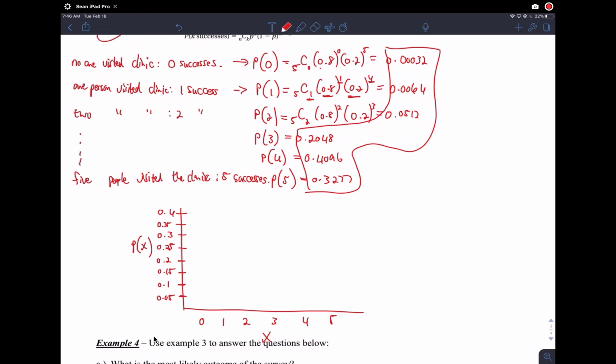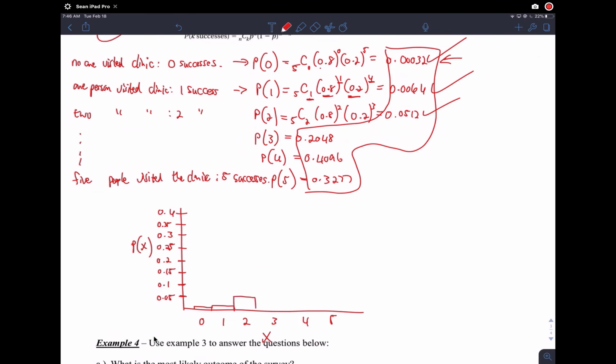If you make the bars now, 0 successes should be almost nothing. 0.0064 is still way less than the bar for 1, which is just a little bit above 0.05.